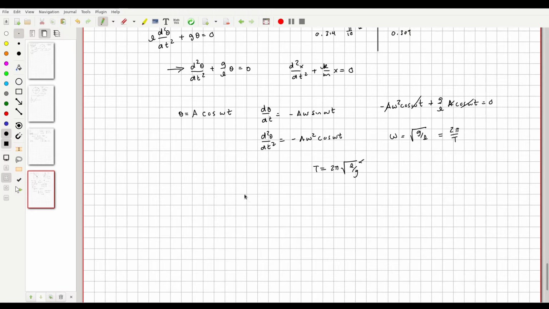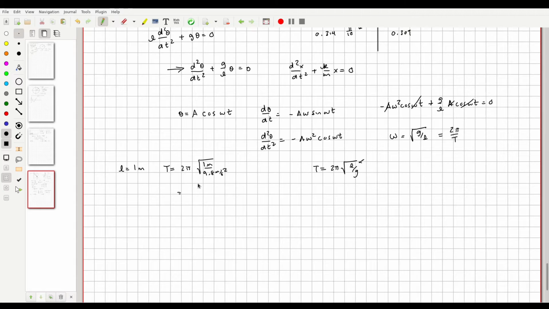Okay? So, for example, let's pretend that the length of your rod was 1 meter. So if that was the case, then the period would be 2 pi times the square root of 1 meter over 9.8 meters per second squared.